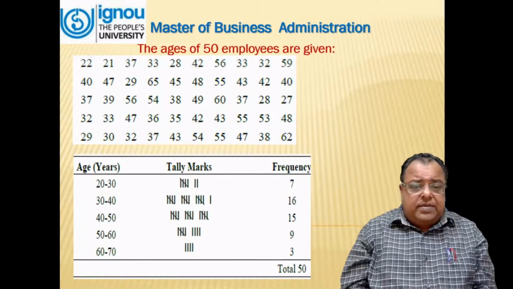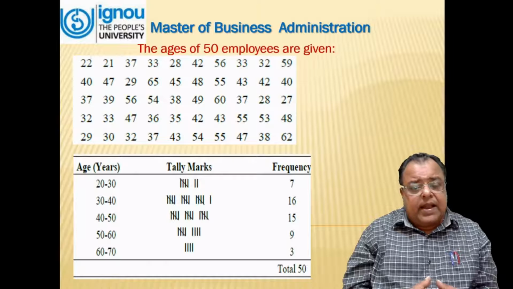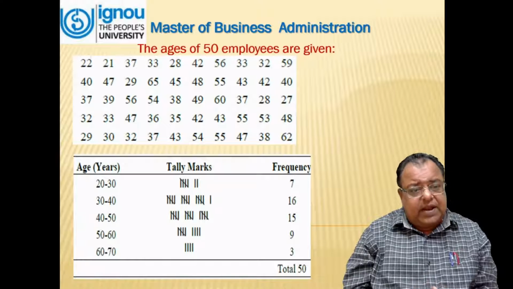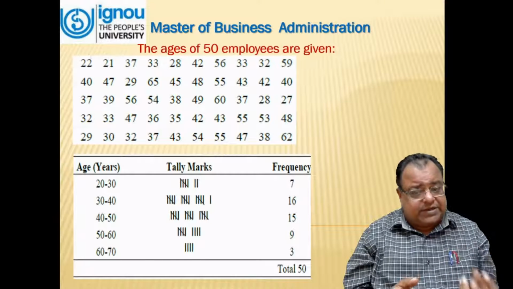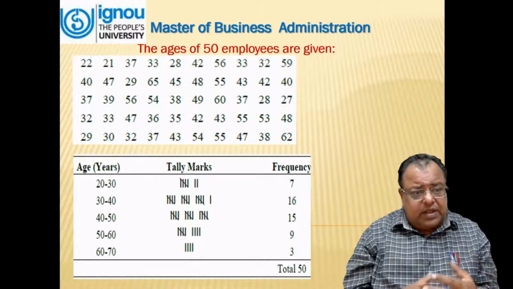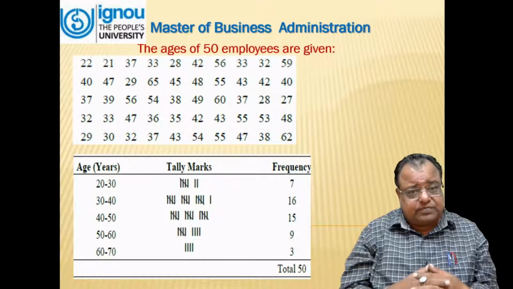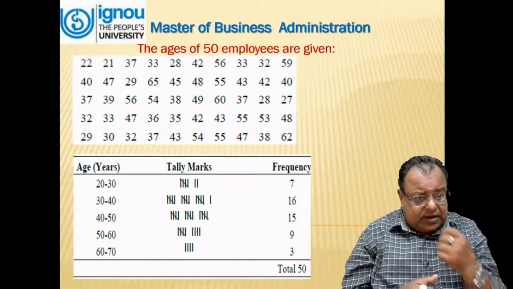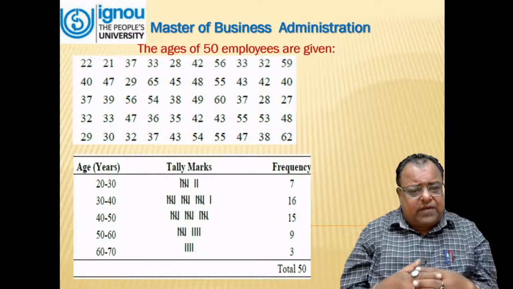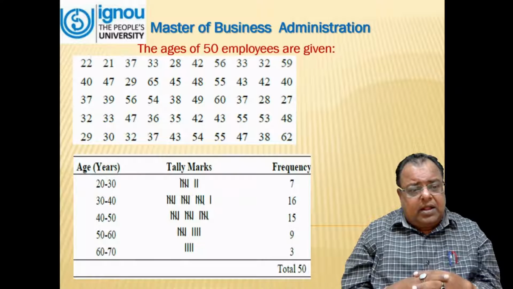This is data for employees of a company, and these are 50 employees. The data was given to us in numbers that indicate their ages. Now we have to find out which is the lowest number in this. Going back to the data, we can see that 21 is the lowest number.